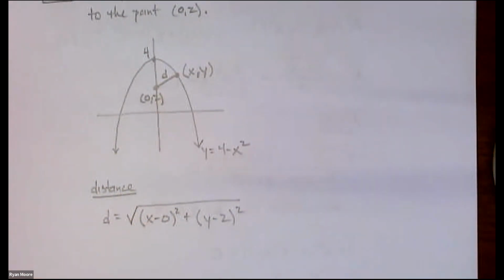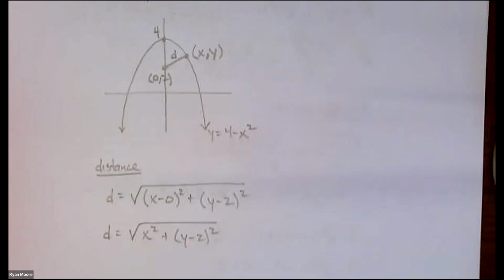The distance would equal the square root of, and you take the difference of the x coordinates, here x minus 0 squared, and you add the difference between the y coordinates squared. Again, that's based off if you were to make a little triangle there and use the Pythagorean theorem and solve for d. We can simplify this just a little bit because of the minus 0. d equals the square root of x squared plus y minus 2 squared.